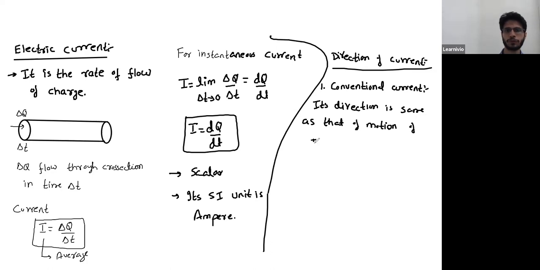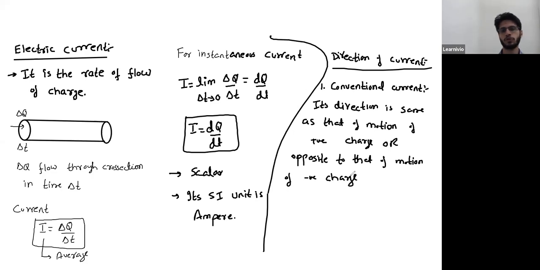Or opposite to that of motion of negative charge. So this is the direction of current basically: same as that of motion of positive charge and opposite to that of motion of negative charge.